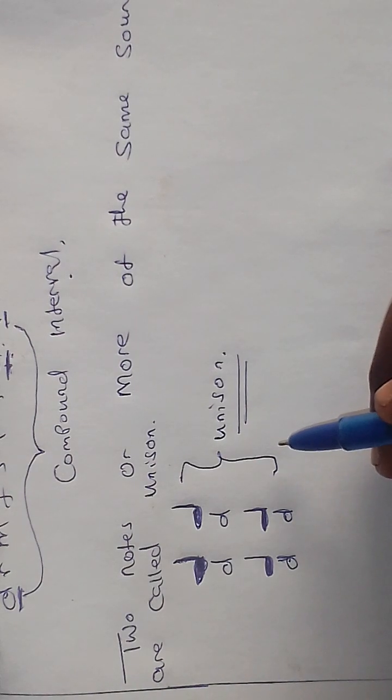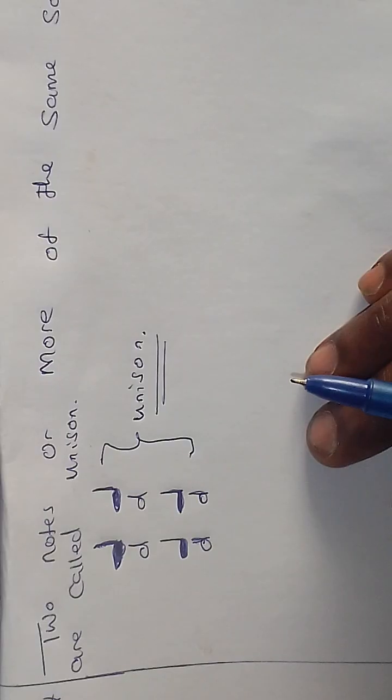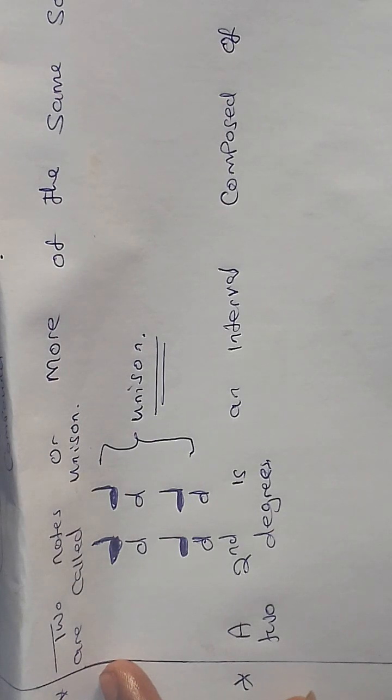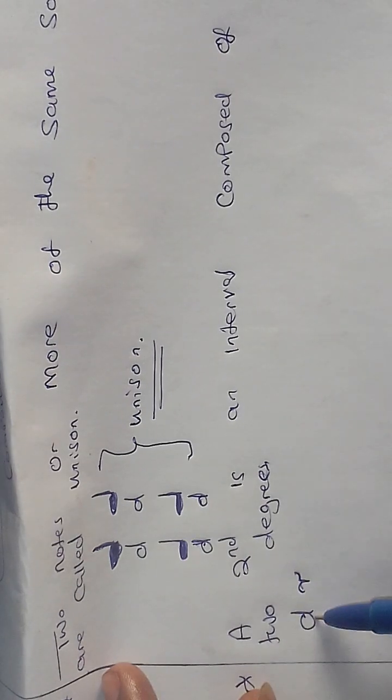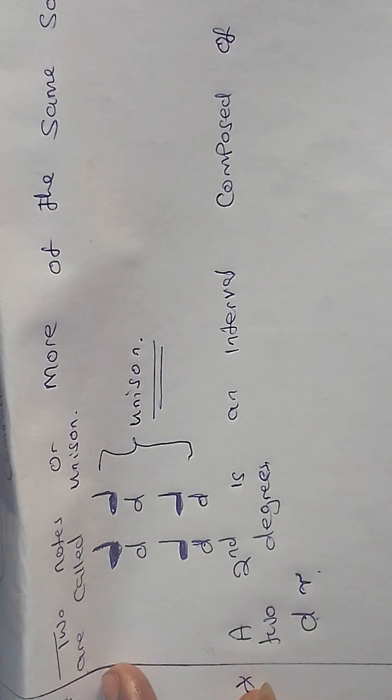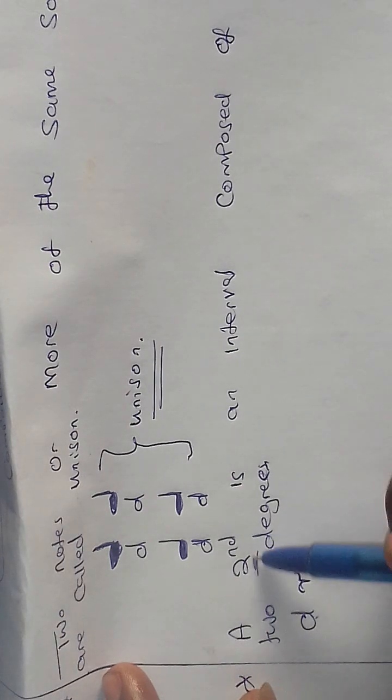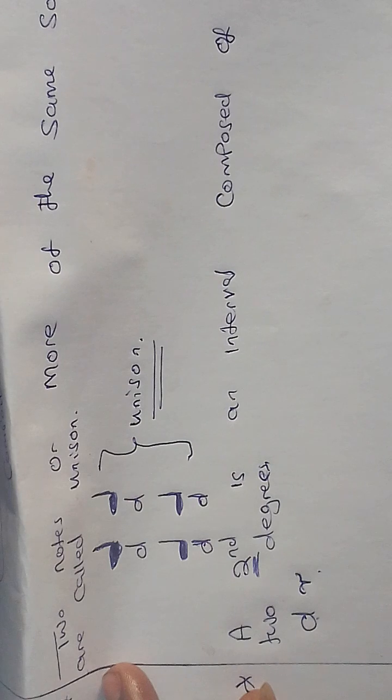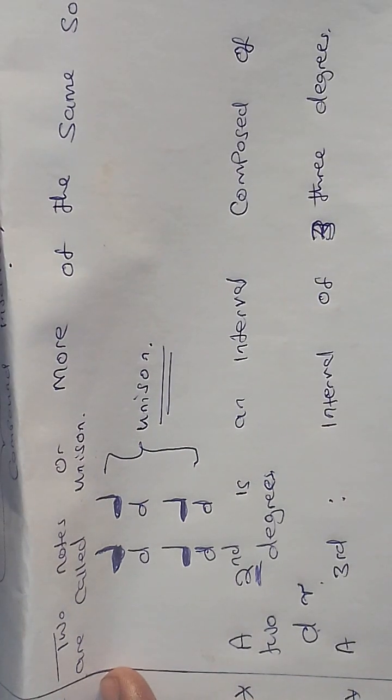A second is an interval composed of 2 degrees. Say, for example, we have the solfege do and re. These are 2 degrees, and the 2 degrees form what we refer to as a second. Similarly, a third is an interval which is composed of 3 degrees.